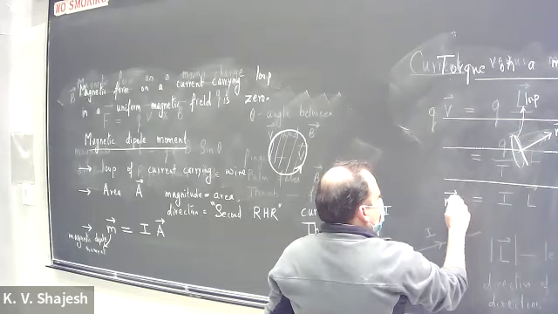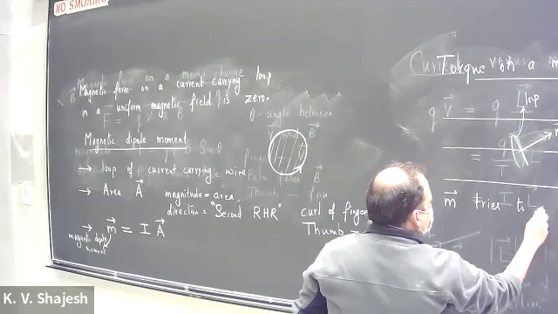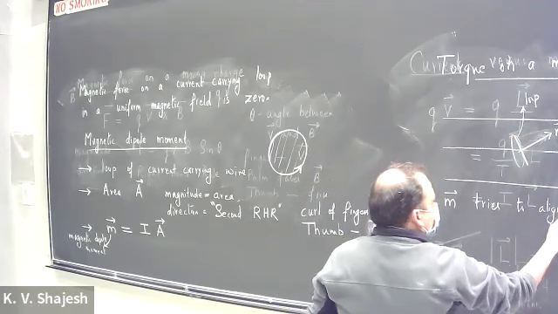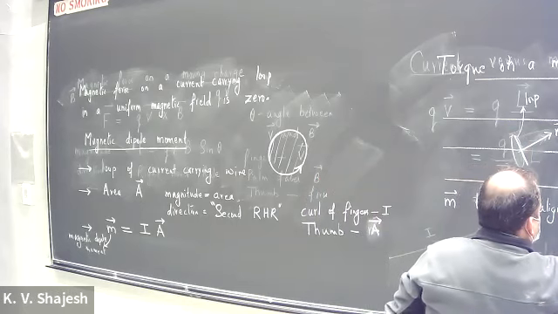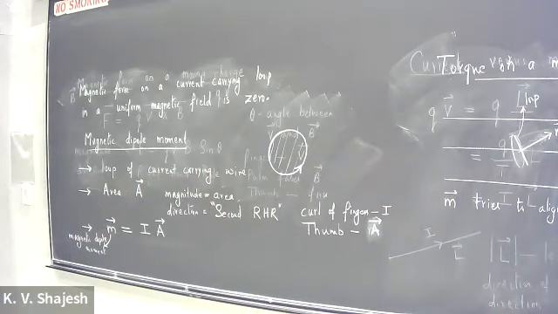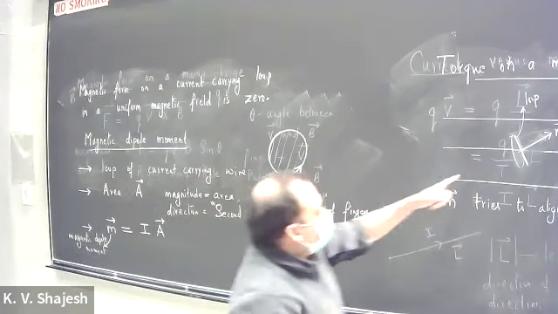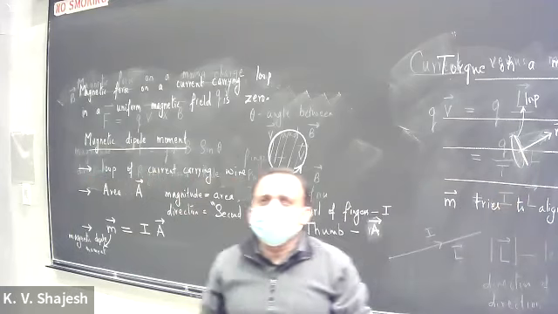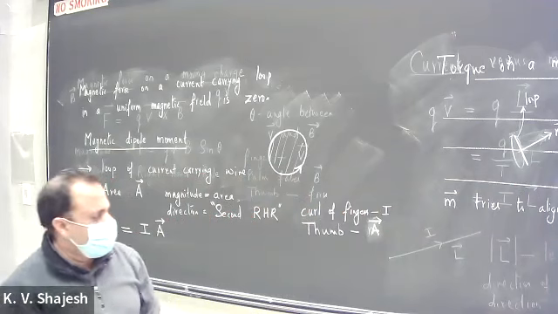M tries to align with a magnetic field. And that's what you see if you have ever played with two magnets: one magnet will try to align with the magnetic field of the other. That's because a magnet, pretty much in principle, is a dipole moment. So it's just trying to align with the magnetic field.